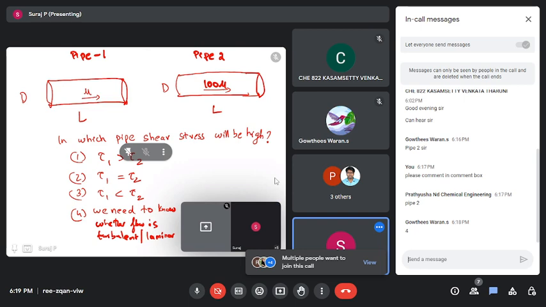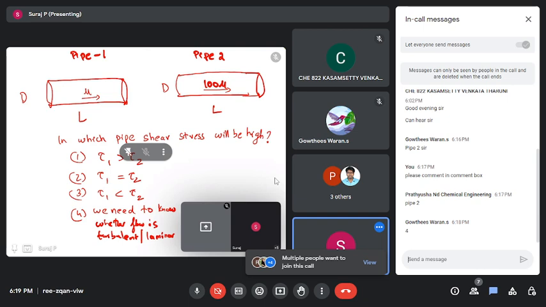And this one is also not correct. This equation is applicable for both laminar and turbulent. And we need to know one more thing.